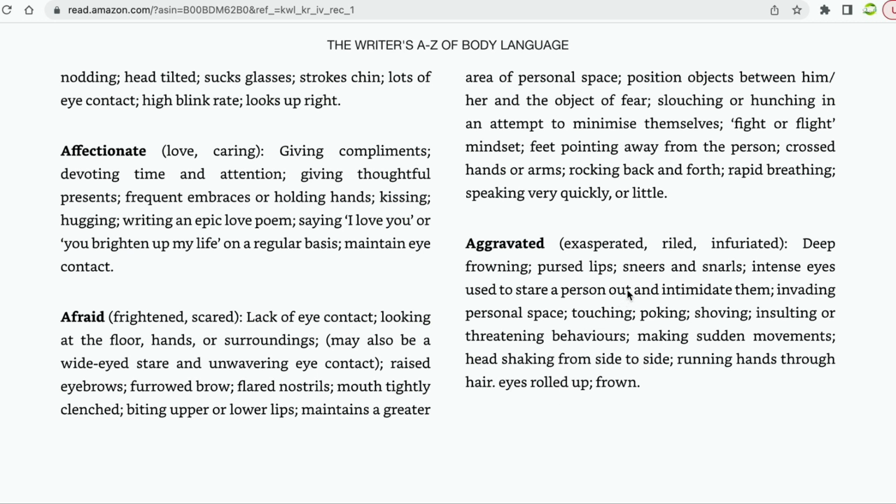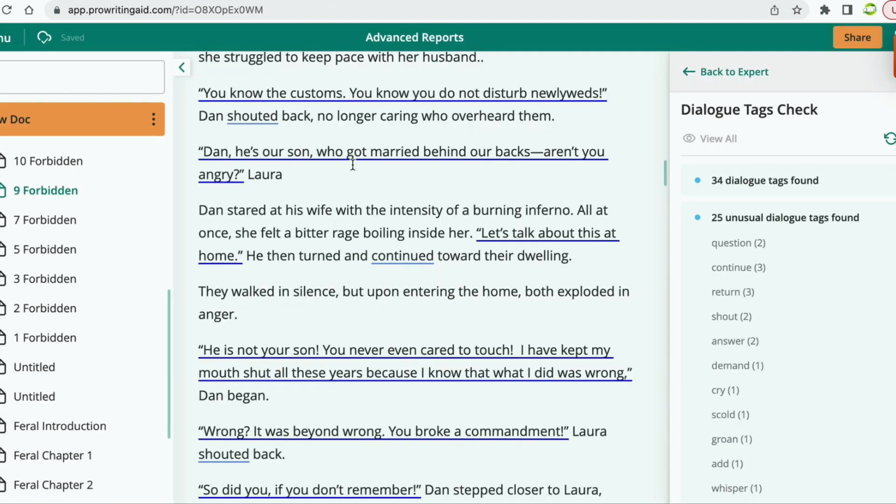So I would say intimidating. Intense eyes used to stare at a person. She's probably, yeah, because she's mad that this man is not following her program. So, aren't you angry, Laura?